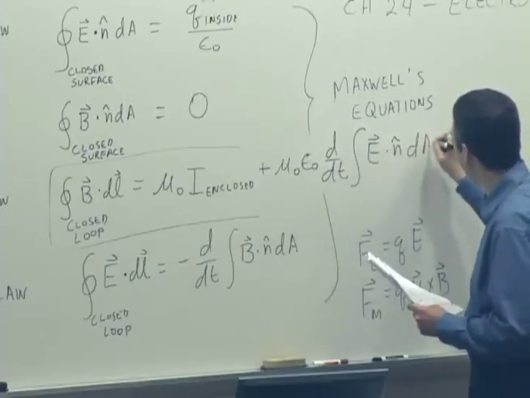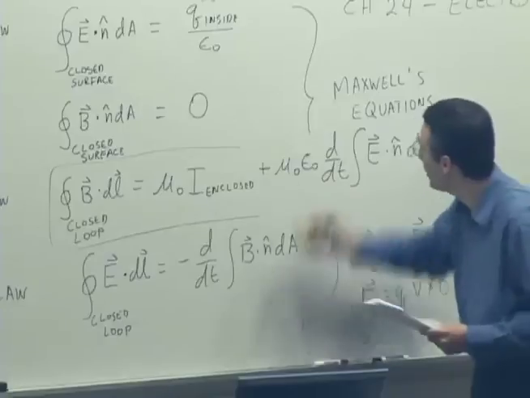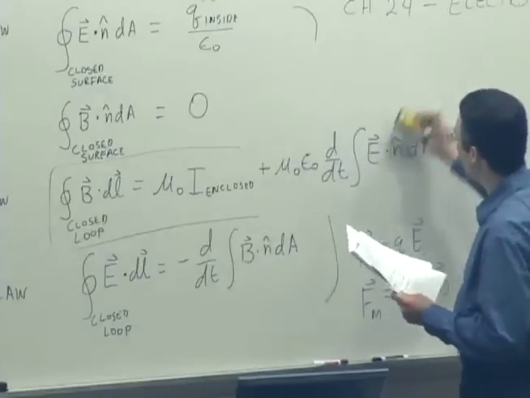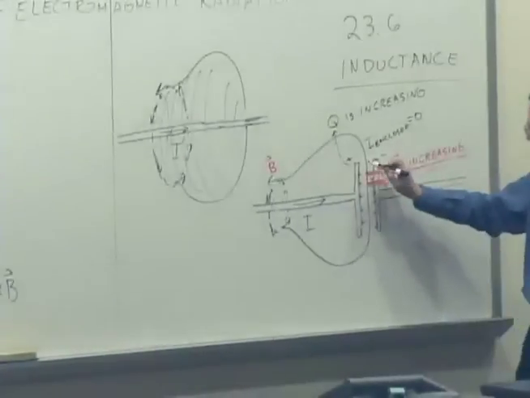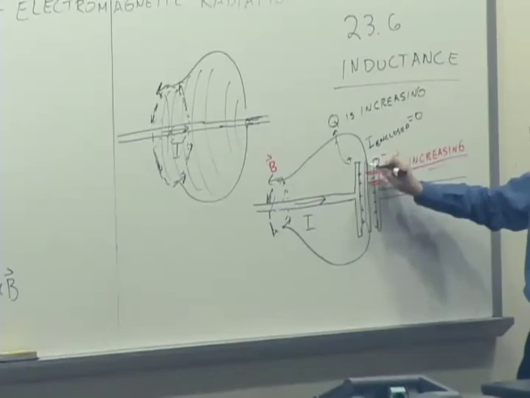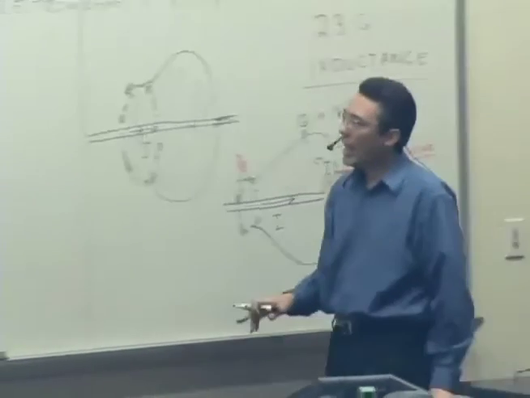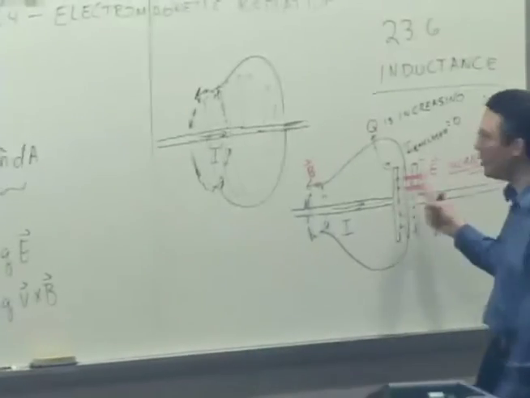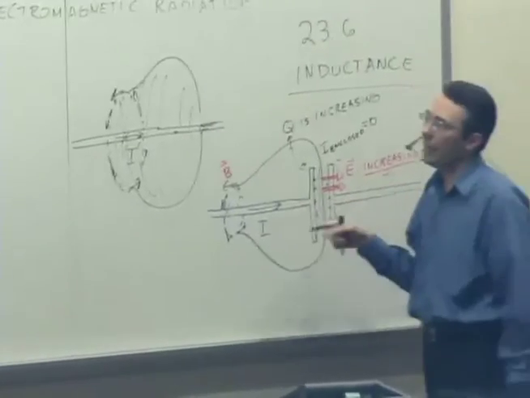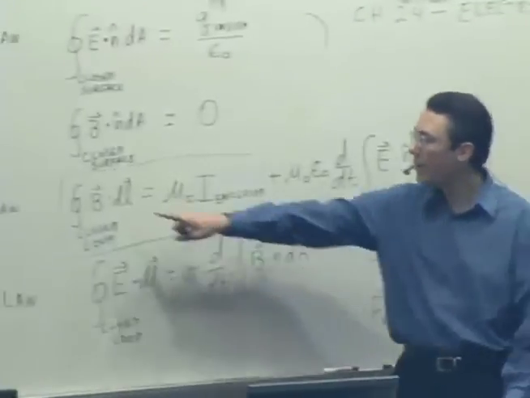So E dot n hat dA. Okay, so let's just say this one more time. This is an electric flux, electric field measured over a surface, which is what we've got inside this capacitor. We have a derivative with respect to time. So if the electric field is changing with time, we're going to get a curly pattern of magnetic field.